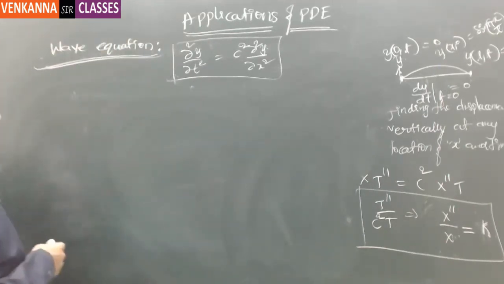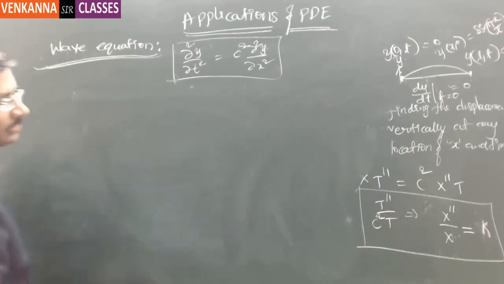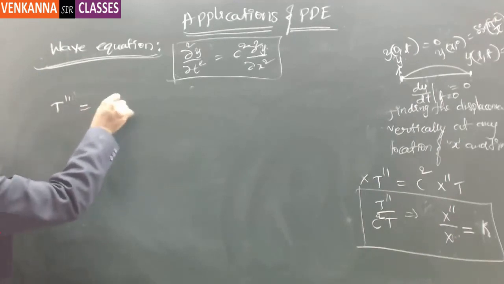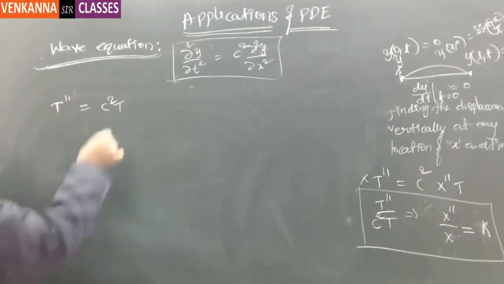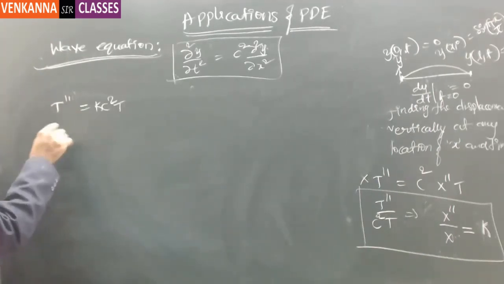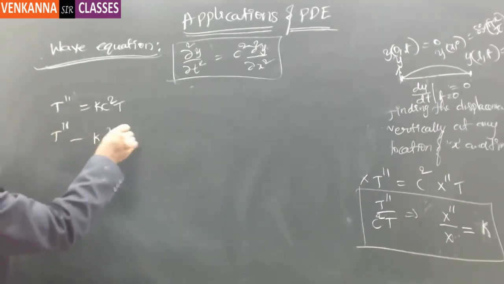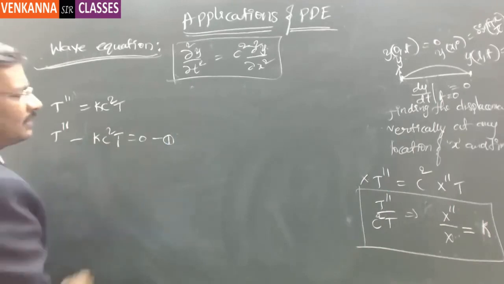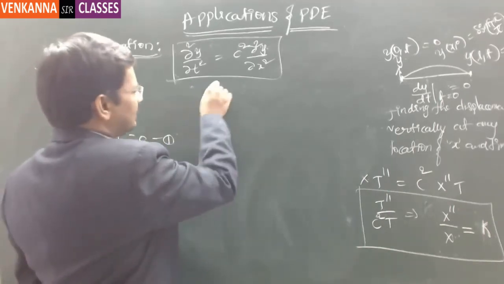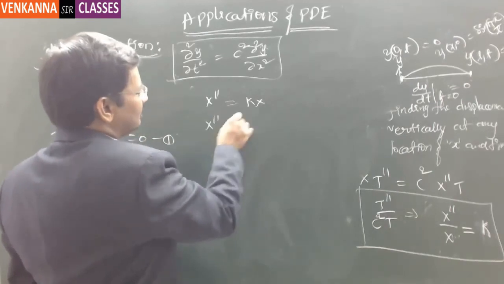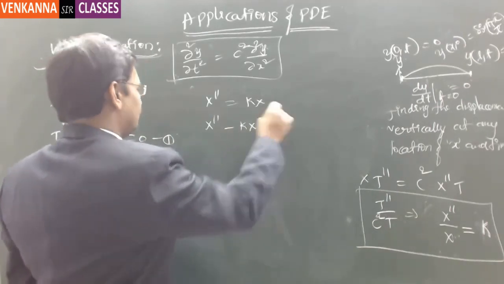So dou square y by dou t square is equal to c square dou square y by dou x square. So this is coming out to be this one. Then t double dash equal to c square t into k, and then t double dash minus k c square t equal to 0. This is one equation. And another equation is x double dash equal to kx, or x double dash minus kx equal to 0.